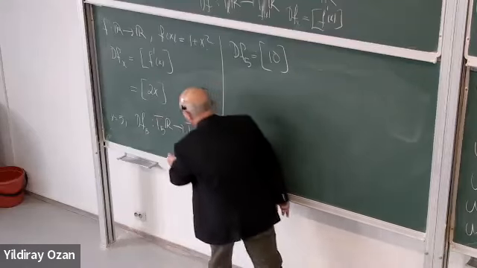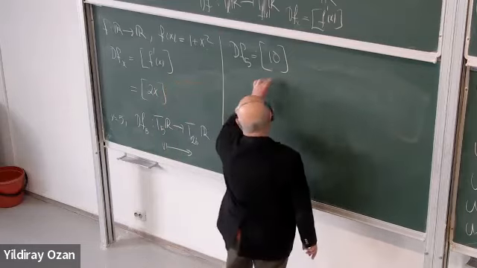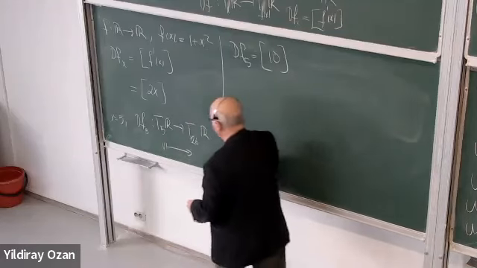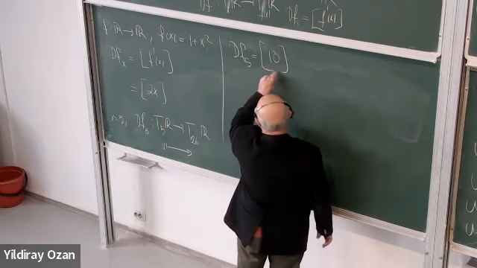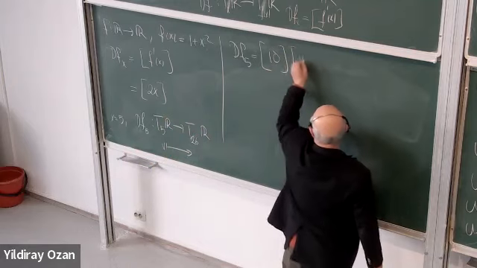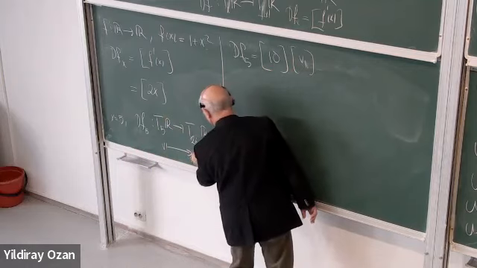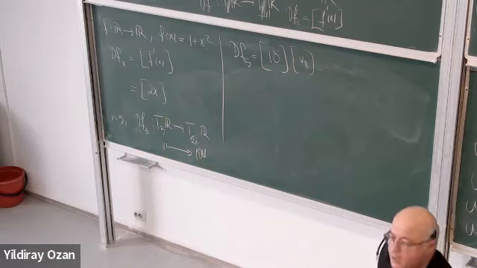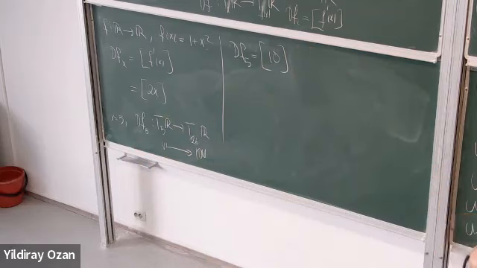So if you give me a vector v, I may regard this as a 1 by 1 vector, and you just multiply by 10, so you get 10v. So we see the derivative as a linear map, right? Derivative is a linear map at each point.